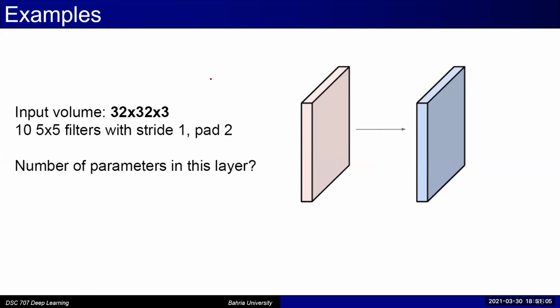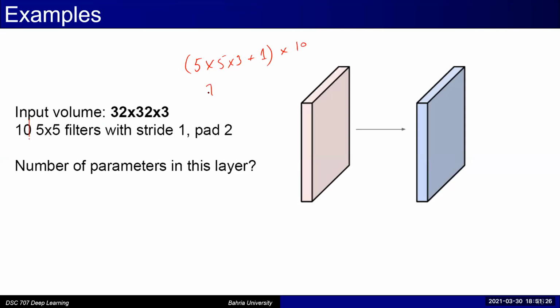So as I told you, what is the filter size here? Filter size is 5 cross 5, but actually it is 5 cross 5 cross 3, right? So these are the values in one filter, okay? And then for every filter you have a bias. And how many such filters do we have? We have 10 such filters.